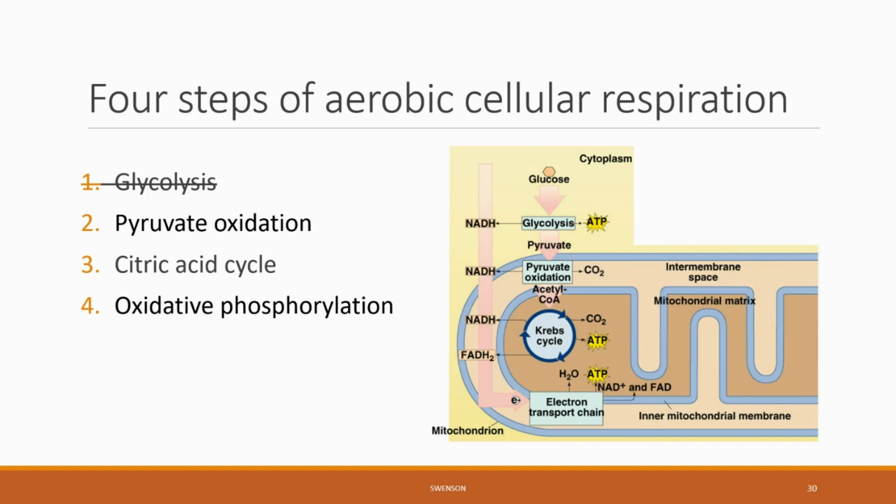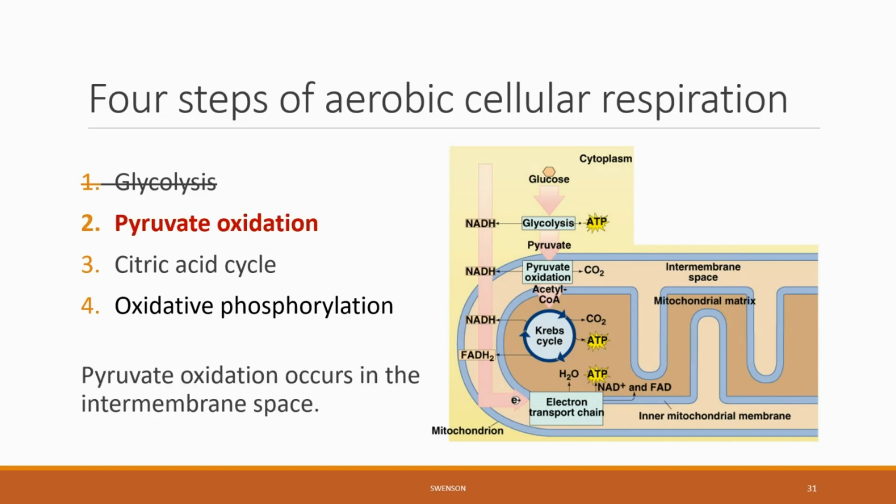So that covers glycolysis. Now, if we follow pyruvate down the metabolic pathway here in our little image, we see pyruvate oxidation is next. And this occurs in the intermembrane space of mitochondria.